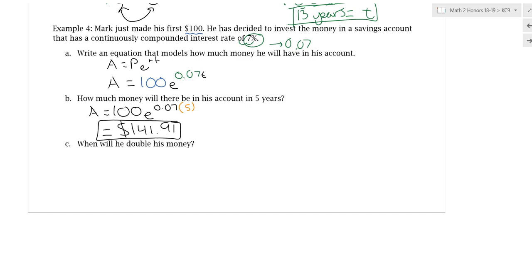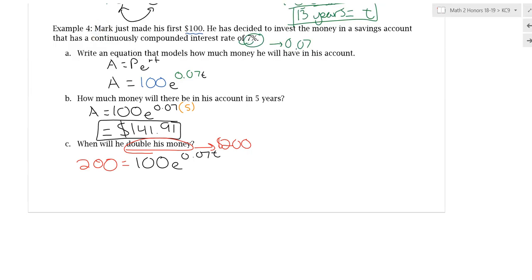And then when will he double his money? So if he doubles his money, that really means he's going to have $200, right? So that's going to be our amount. We're solving for t.